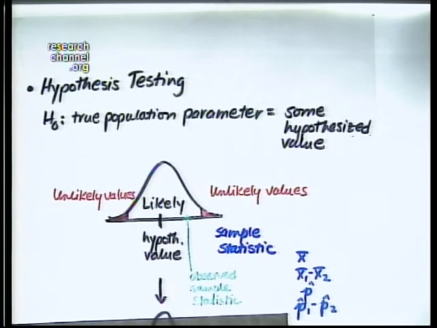And we can do this with all four scenarios: a single sample mean, two sample means taken from two independent samples from two independent populations, or a single sample proportion, or a difference between two sample proportions taken from two independent samples from two independent populations.